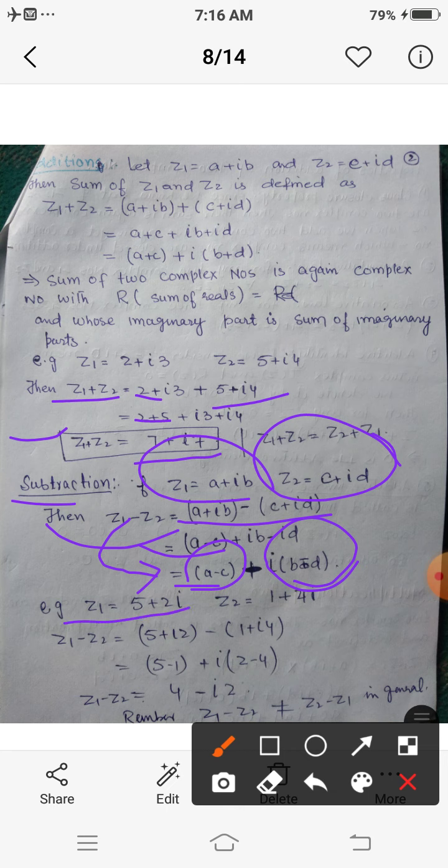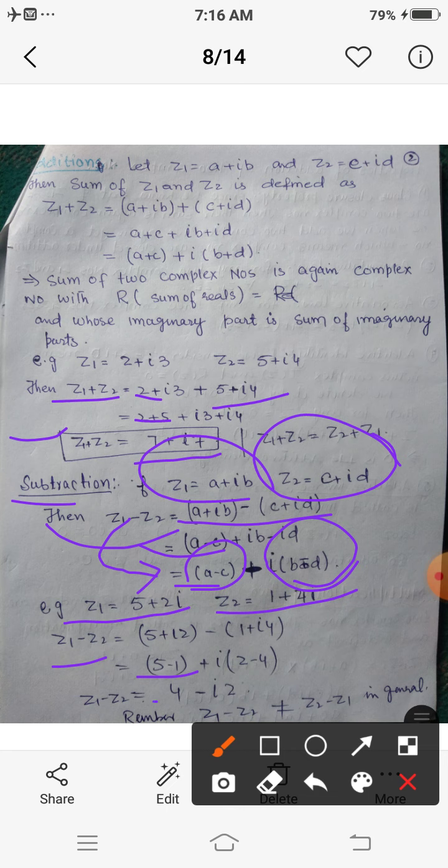Like if we consider z1 equals 5 plus iota 2 and z2 equals 1 plus iota 4, then the difference is the difference of the real parts, that is 5 minus 1, and the difference of the imaginary parts, that is 2 minus 4.